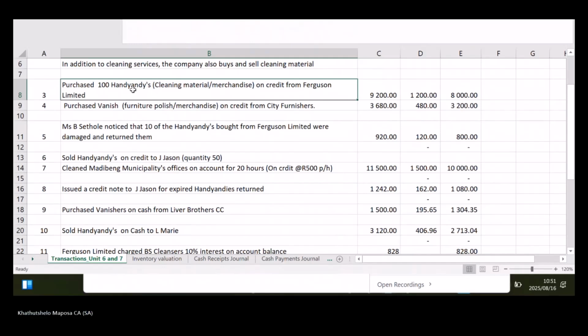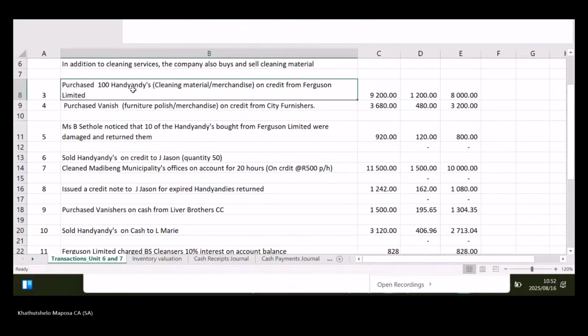I'm going to try. That one I think is going to be the purchases journal, the credit purchases journal. Number 3 is going to be the purchases journal, and I agree with you. And number 4, we have bought another one on credit, it's going to be the purchases journal. Number 5, we have returned the damaged ones that we bought from a supplier, so we're going to use the return journal, but it's CRJ.